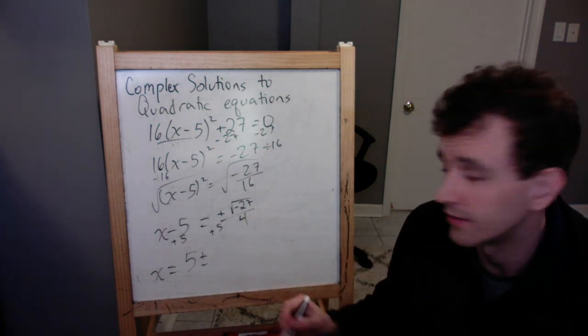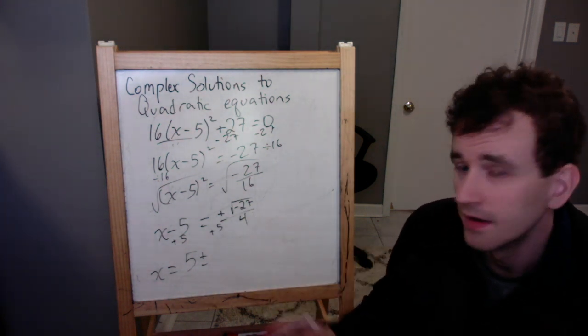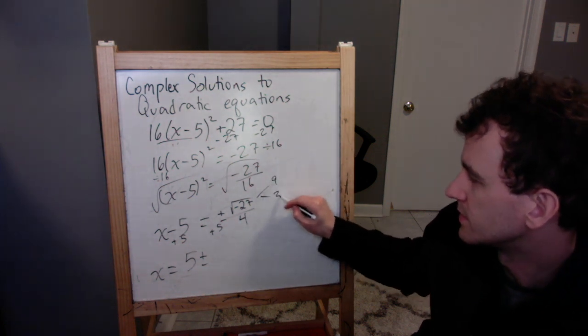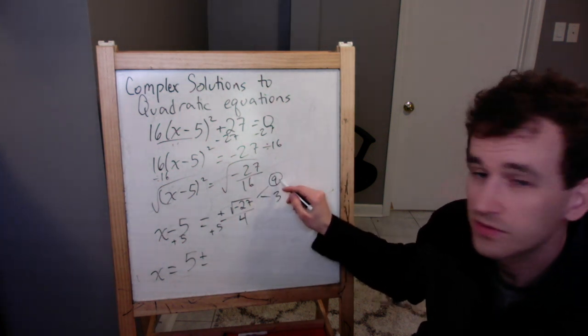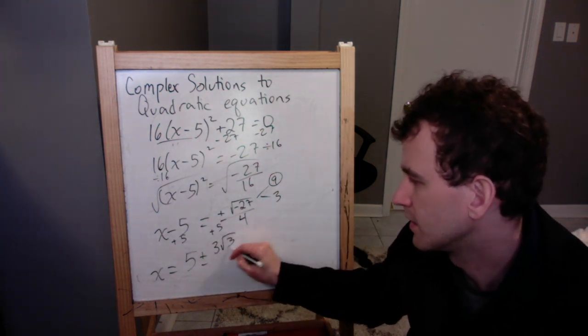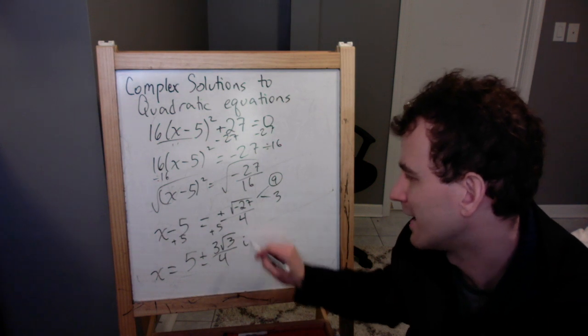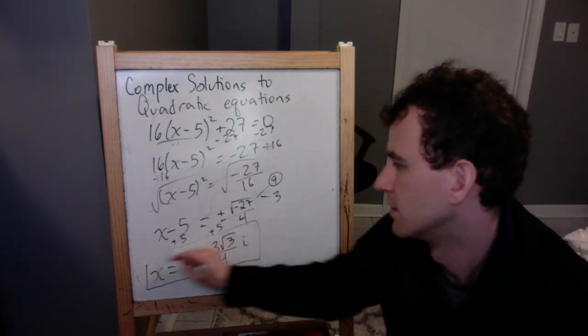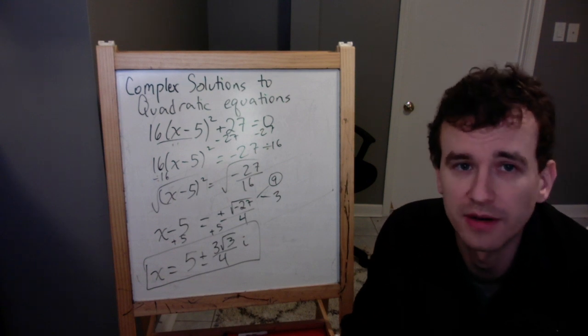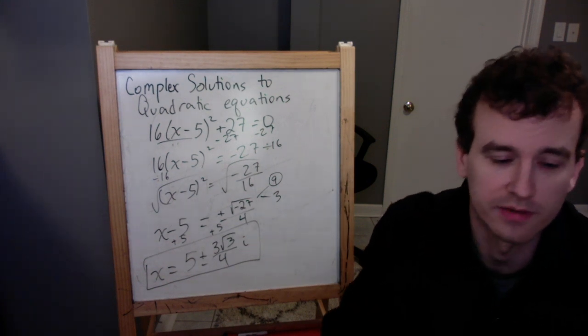Since it's a negative under the radical, an i is going to pop out. And 27 is equal to 9 times 3, and 9 is a perfect square. The square root of 9 is 3, so that's 5 plus or minus 3 root 3 over 4, i for our complex solution. So sometimes when you're doing this, you will have to simplify a radical just like you have in other cases.